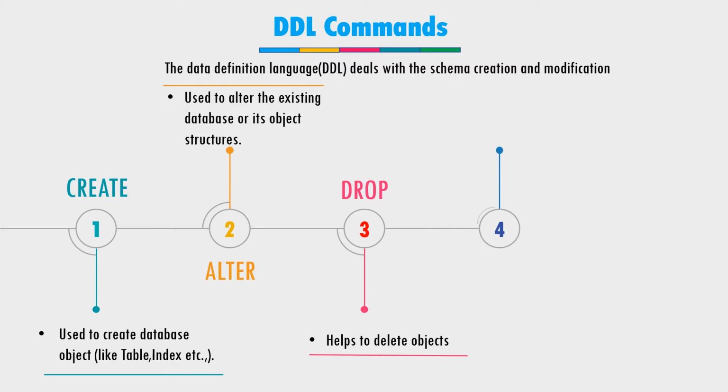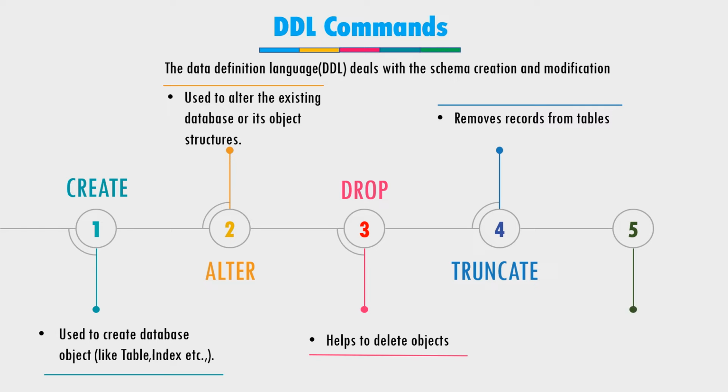Fourth one is the truncate command. Truncate removes the records permanently from the database system and keeps the schema as it is. Fifth one is the rename command. Rename is used to rename existing database objects. All these commands have syntax, and for every command we will see an example next.